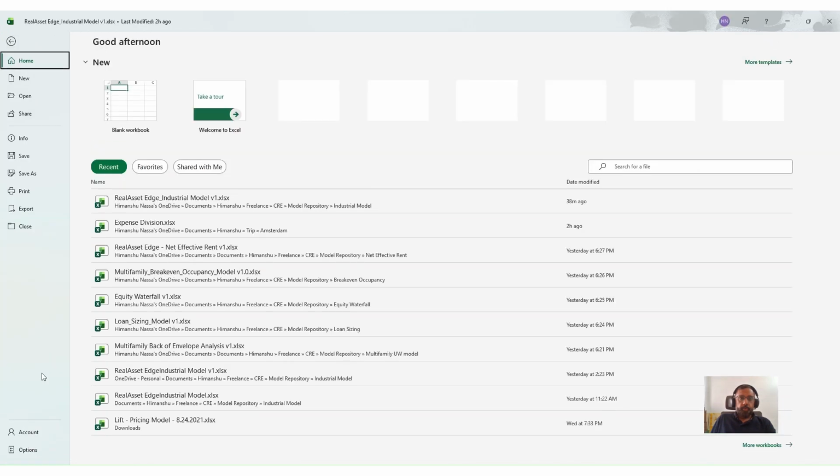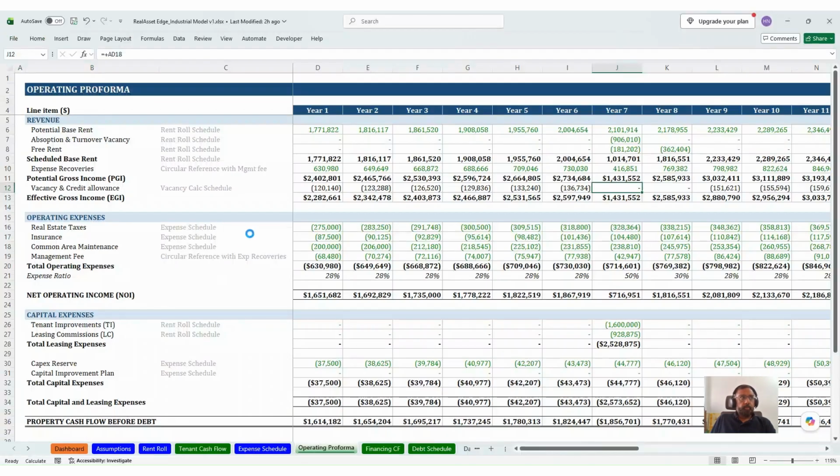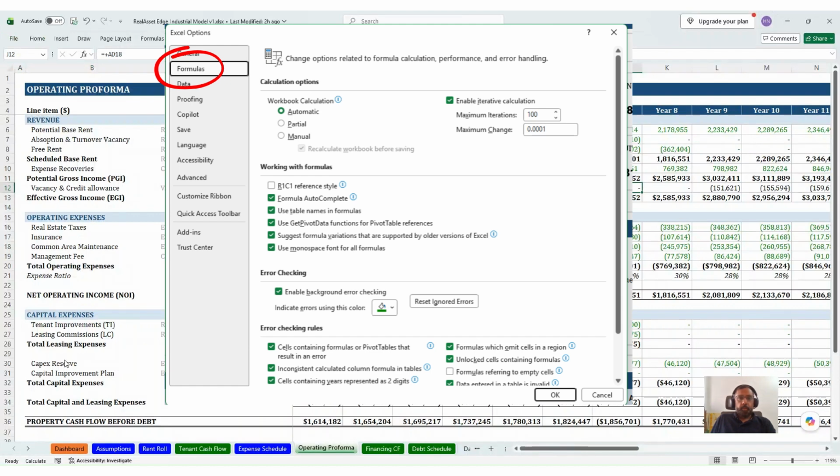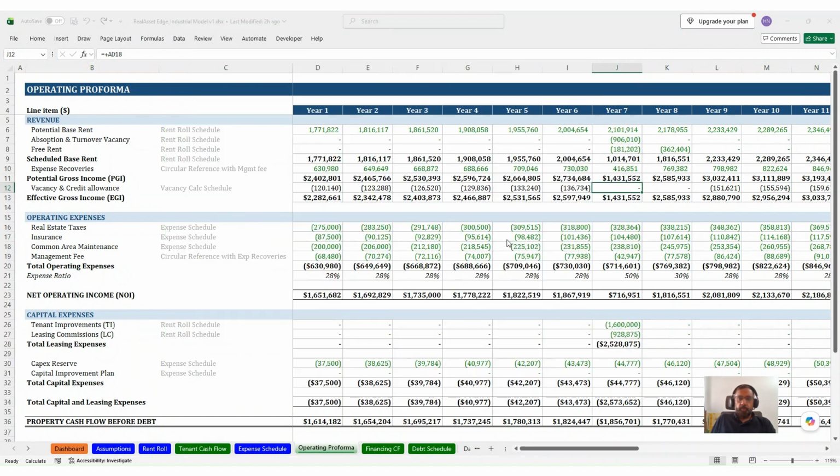you go to the options, go to the formula section, and enable iterative calculation. Now, if you know that there is only one circular reference in this model, which can be explained, you could use this option right now, which is the simplest way to implement this. There are other ways as well.